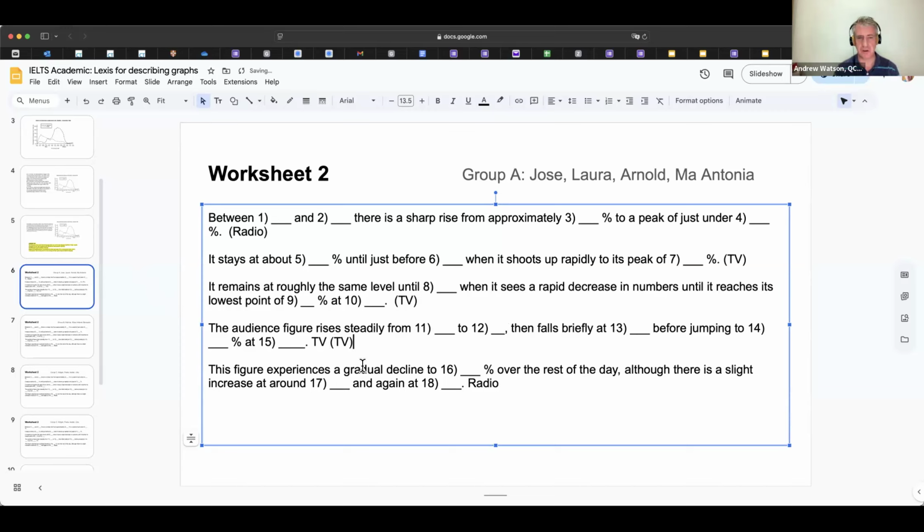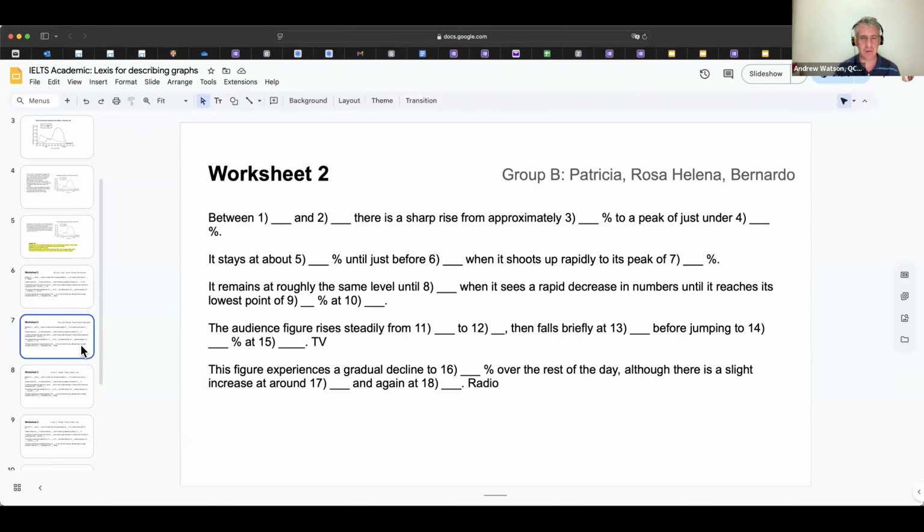The answer is TV. And the last one is radio. Right, so I'd like you to work together in your groups and try to complete the missing numbers by studying the graph. That makes sense?